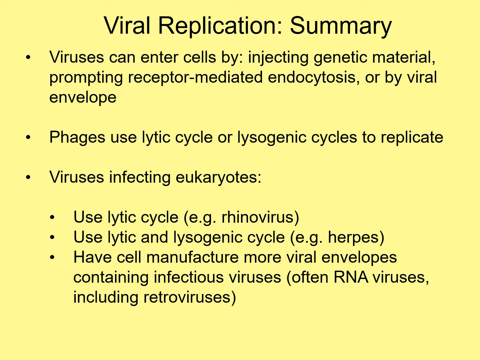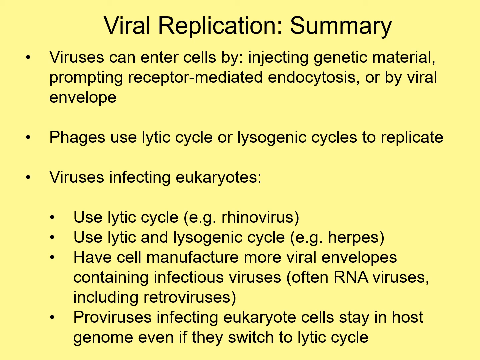They can have the cell manufacture viral envelopes to leave the cell as an infectious particle, such as the case with HIV, for example. It's very common that these kinds of viruses are RNA viruses. Some may be retroviruses as well. Having them be DNA viruses that use a viral envelope is less common.